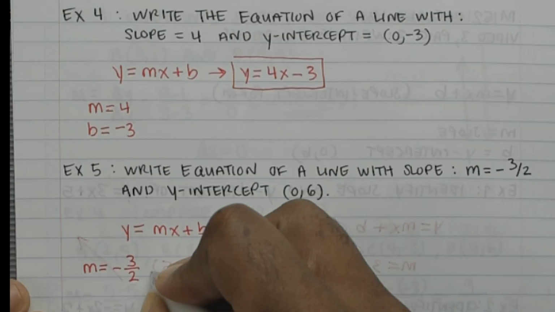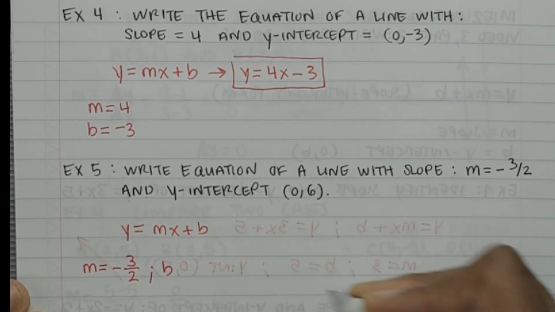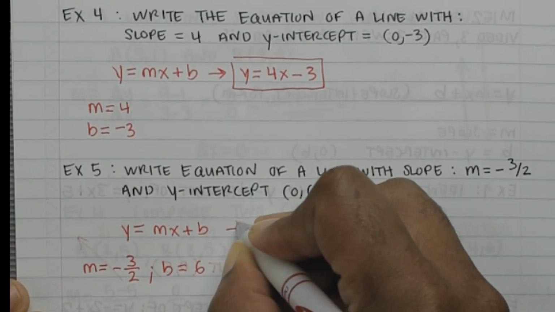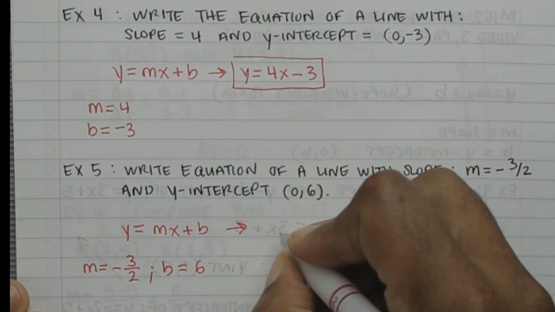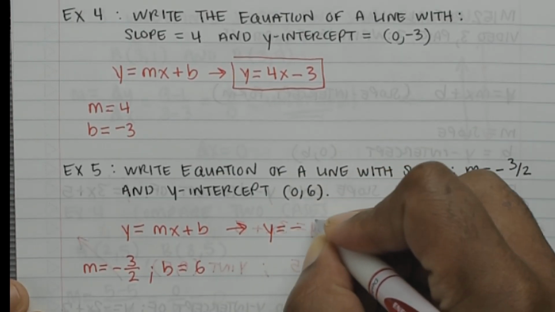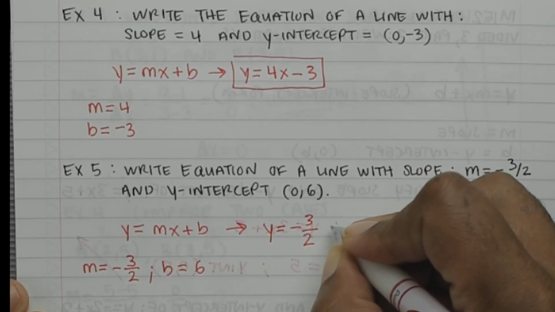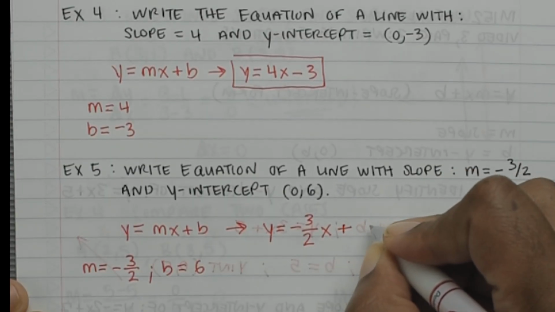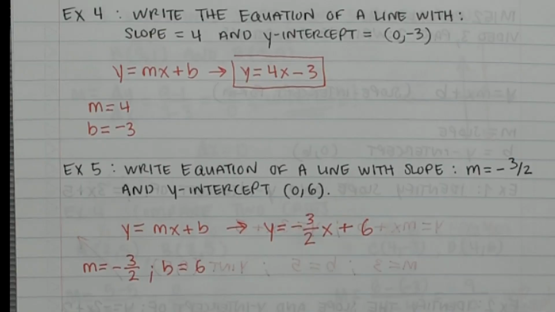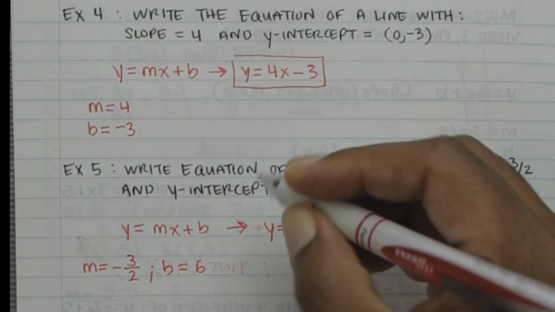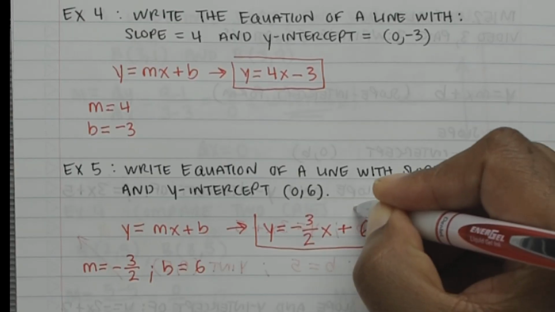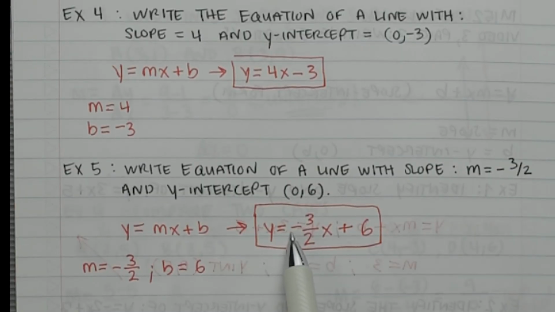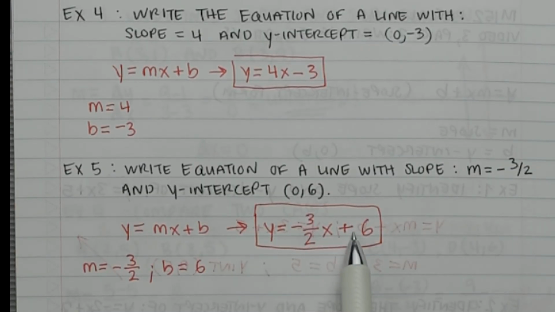And then we also have b, which is 6. So in completing this, we have y equals -3/2 x plus 6. So this is our final equation. Y equals -3/2 x plus 6.